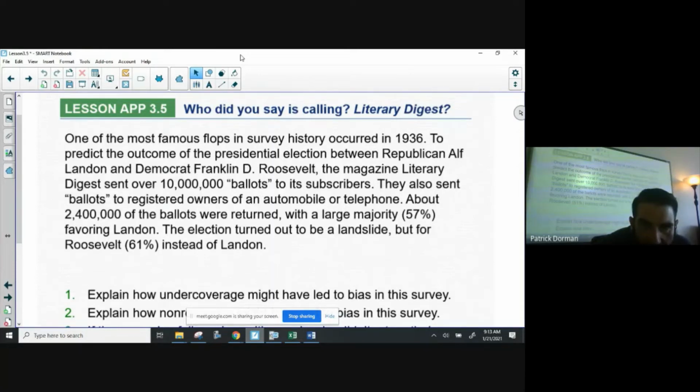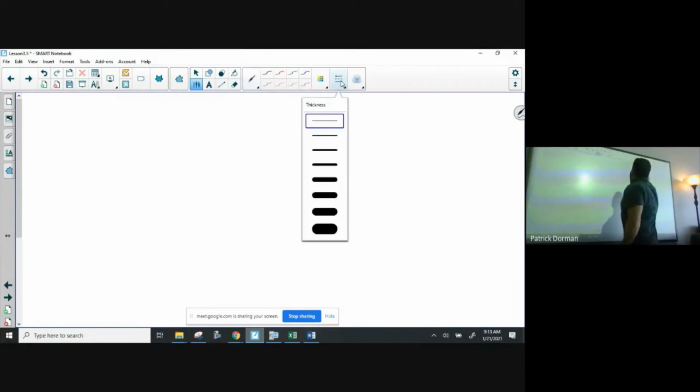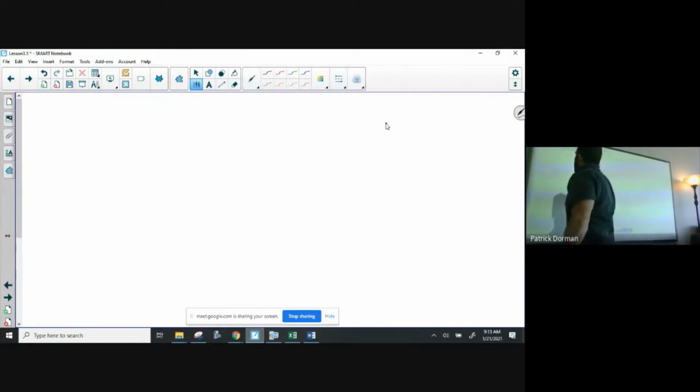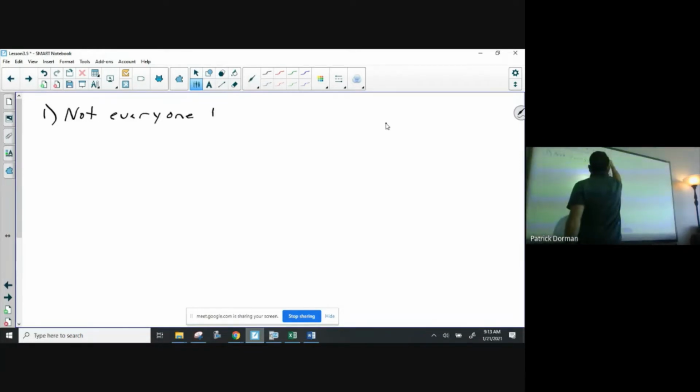undercovered the population there. Well, okay, so things that could have led to undercoverage. For one, not everyone had a phone or car back then.